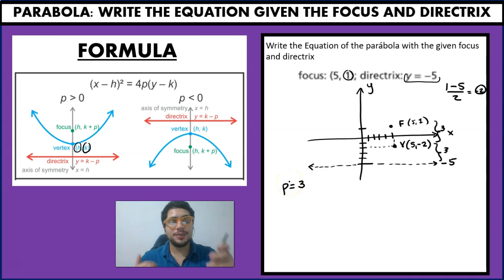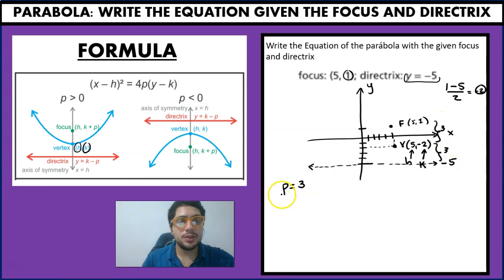Now, guys, we have our value of p, our value of h, and our value of k, right? So again, our value of h is going to be the value of x in the vertex, our value of k is going to be our value of y in the vertex, and now we know that the distance between the vertex and the focus, or the vertex and the directrix, is p, which is 3. So now we're going to write it down.